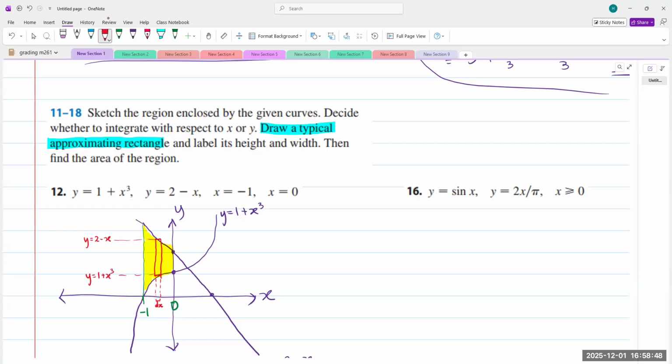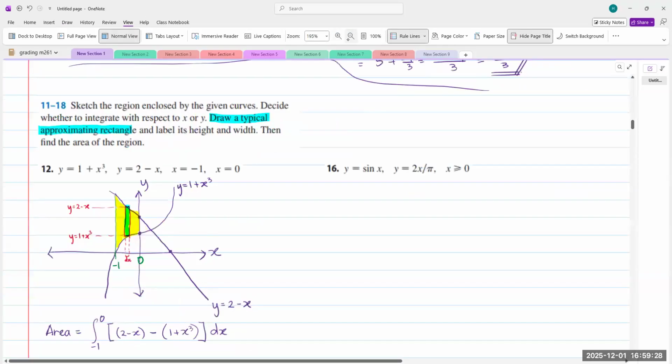The height is the difference between these two. y equals 2 minus x is this high here. And then you subtract the height of y equals 1 plus x cubed. You cut this away. So this is the height they are talking about, which is this part here. That's how we know which is the top function and which is the bottom function.